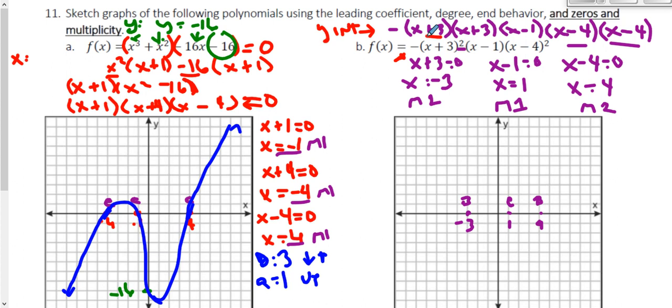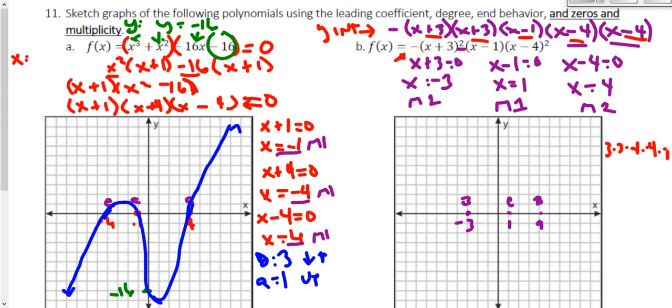Next, I will get a negative 1. Up next, I'll get 2 negative 4s in a row. So times negative 4 times negative 4, and I'm off the board, and that's negative. And last but not least, I have a negative in front, so this whole thing has to be negative.